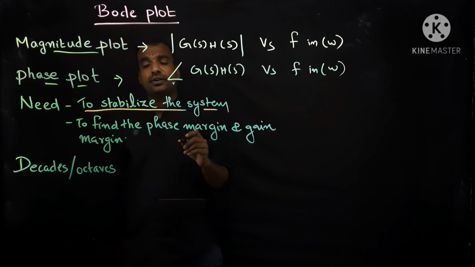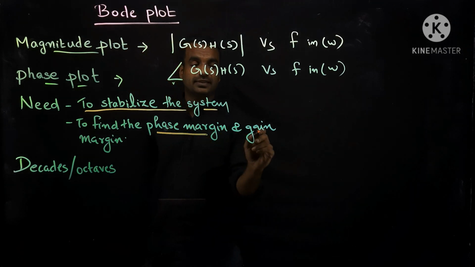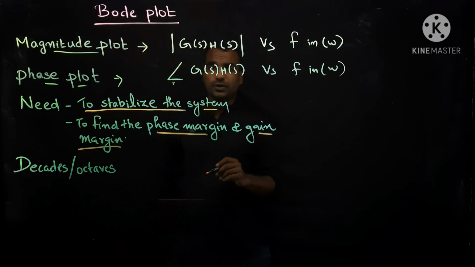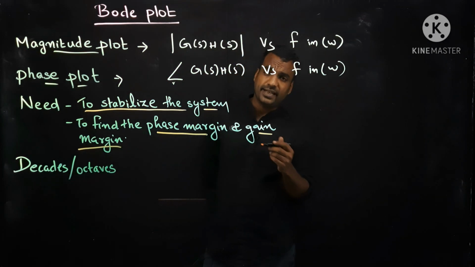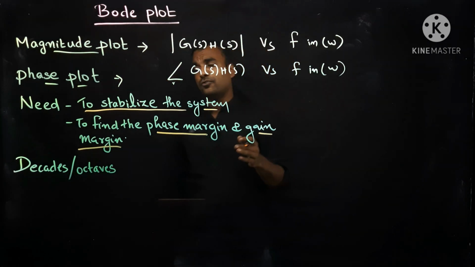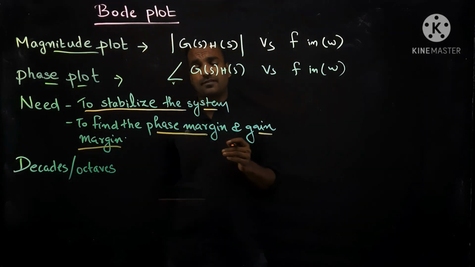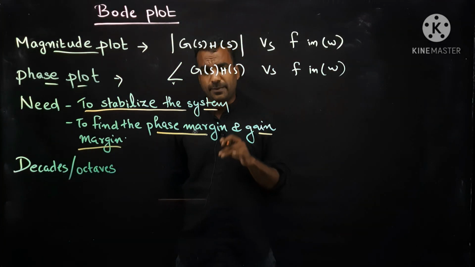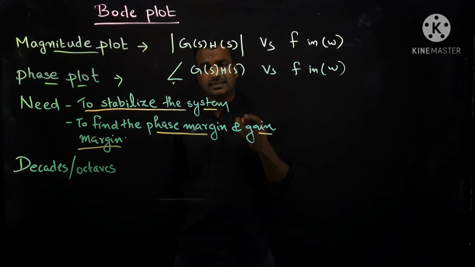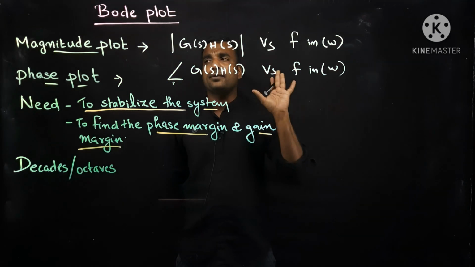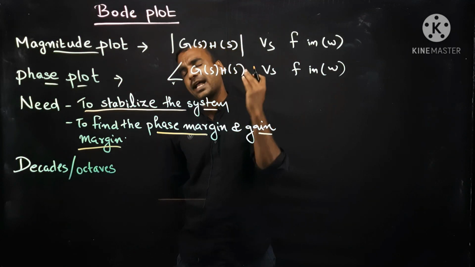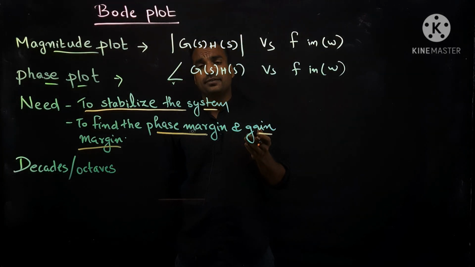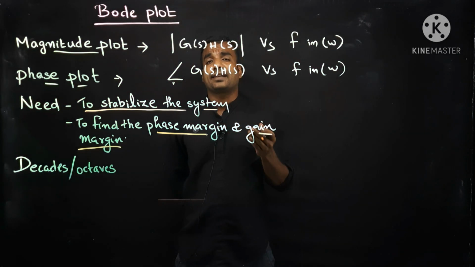And next point, to find the phase margin and gain margin. This may be a new term for you. We will not discuss it for the time being. We will discuss it later after drawing both the magnitude plot and phase plot, so that you will get a clear idea.